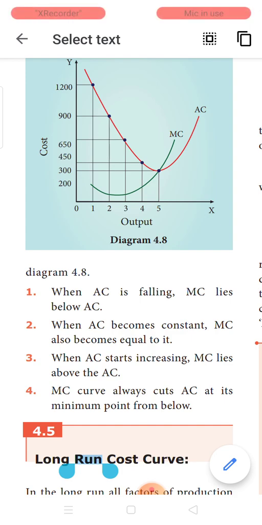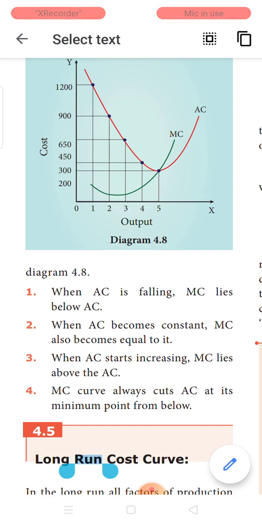Now the fourth point is the MC curve will always cut the AC curve at AC's minimum point. It will cut from below only. Okay, this is one of the important points. You could see the green color curve cutting the red color curve at AC's minimum point.